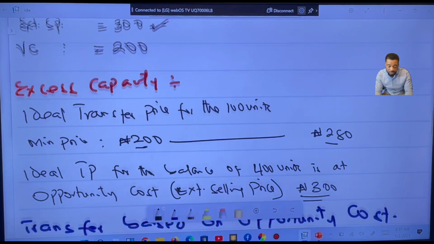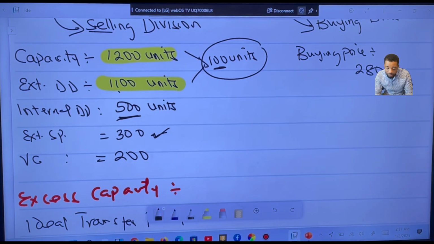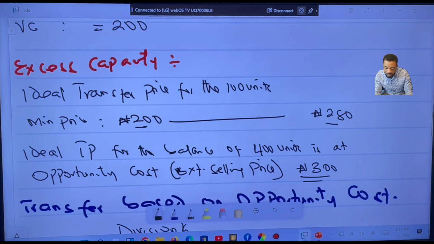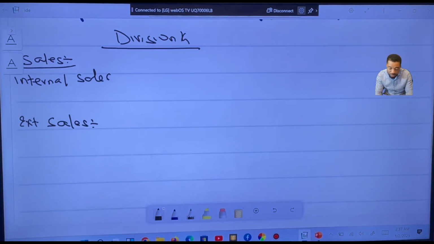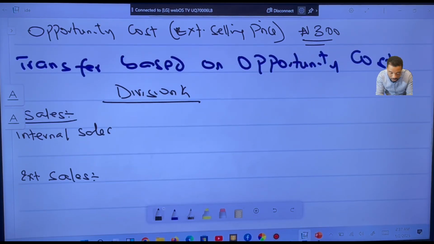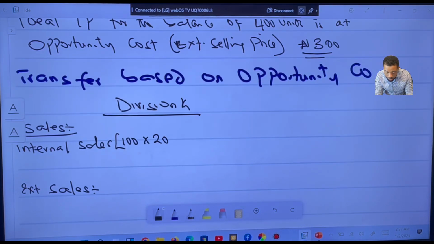What is the internal sales in this case? The internal want 500 units. But out of this 500 units, I know very well from this ideal price that this 100 units should be sold at variable cost, and so at minimum. So I would say 100 units multiplied by the variable cost for this product, 200, plus.